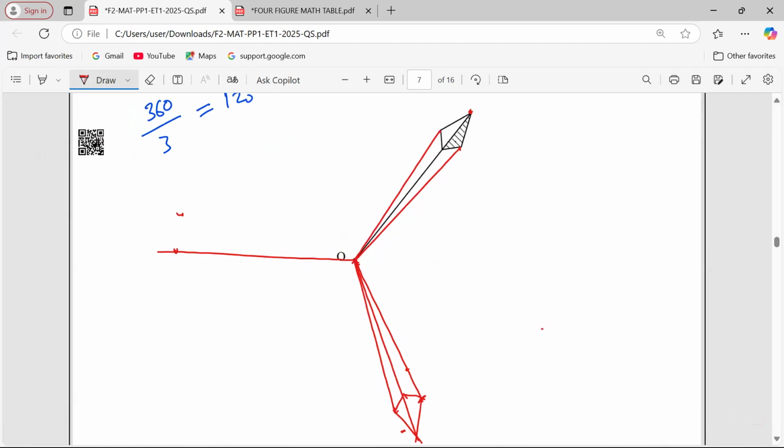You can now finish up by drawing the full figure and using all the distances as they are. So that distance, this distance, then a longer distance through the center. That way.